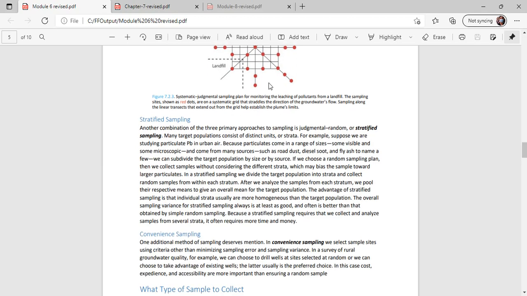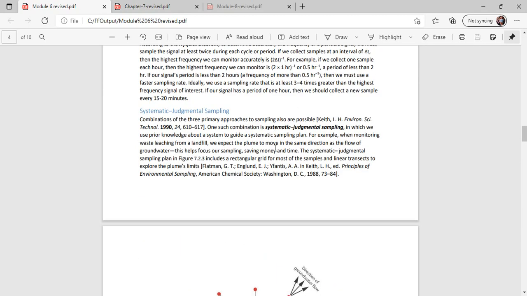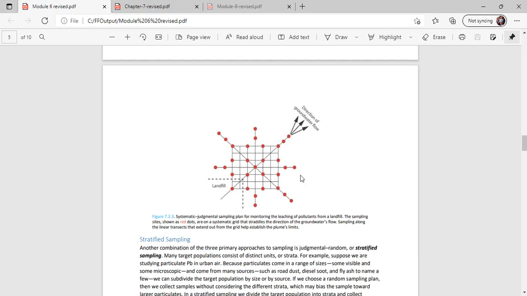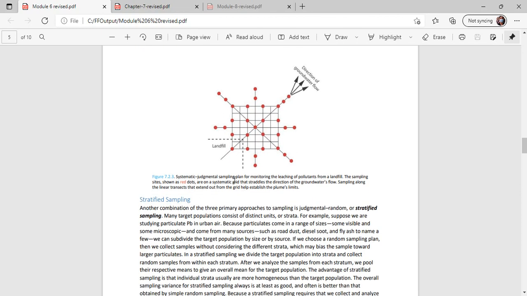The systematic judgmental sampling plan, we have here below. This is our illustration. It uses a rectangular grid for the samples and linear transects to explore the plume's limit. So we have here a systematic judgmental sampling for monitoring of landfills.